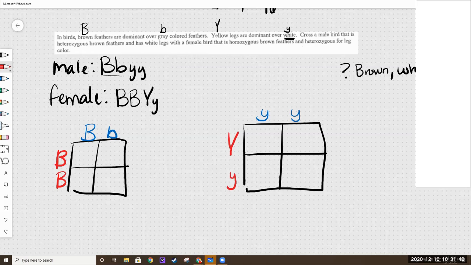So I'm gonna do my crosses. And I have big B, this one and this one. In this box, I have big B. Over here, I have big B, little b, and then big B, little b.